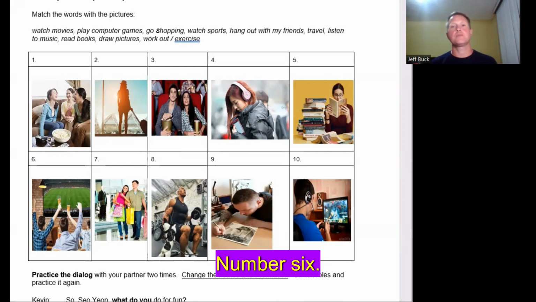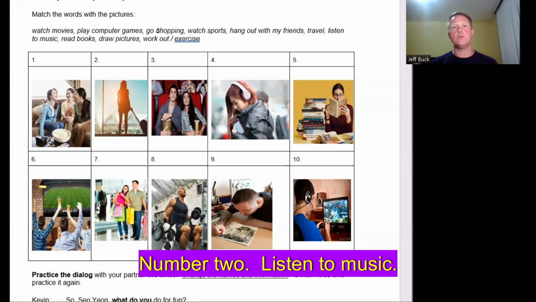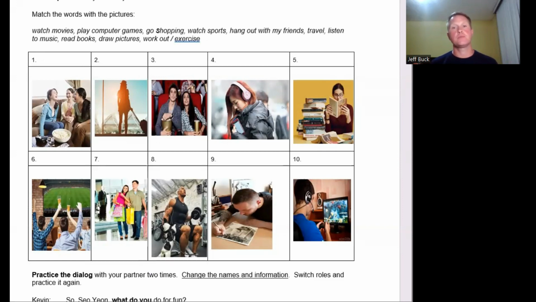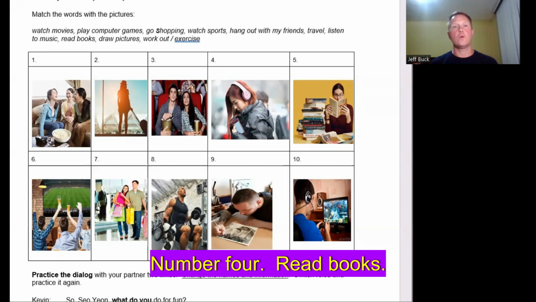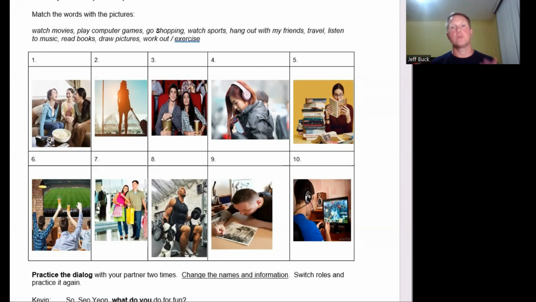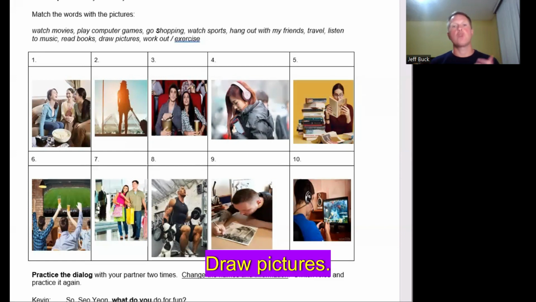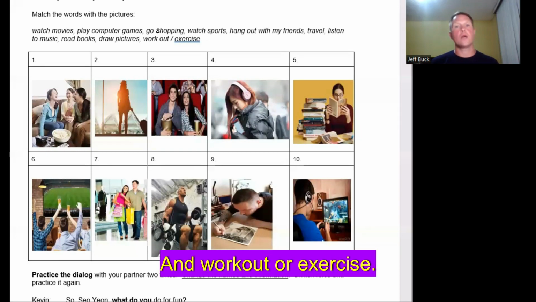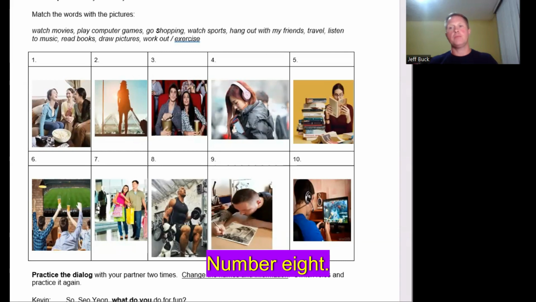Number 6. Hang out with my friends. Number 1. Travel. Number 2. Listen to music. Number 4. Read books. Number 5. Draw pictures. Number 9. And work out or exercise. Number 8.